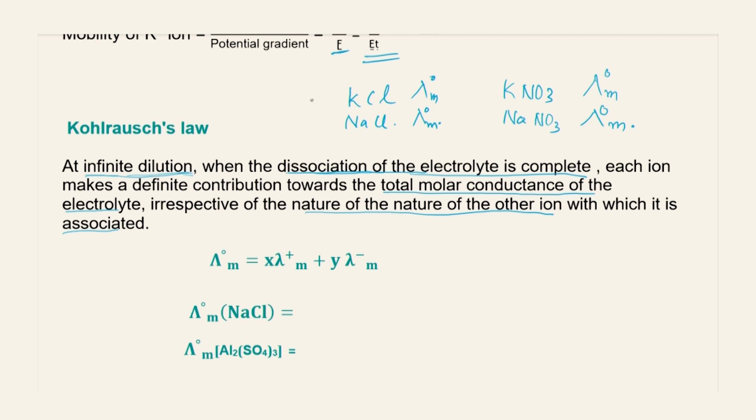The difference will be the difference in molar conductance between potassium and sodium, and it was found to be 21.1. Again, in the other case, when these lambda 0 values are subtracted, both NO3 values will get cancelled because in both cases we have one each, and the difference between these two will be again 21.1.